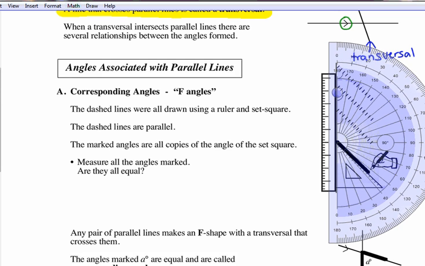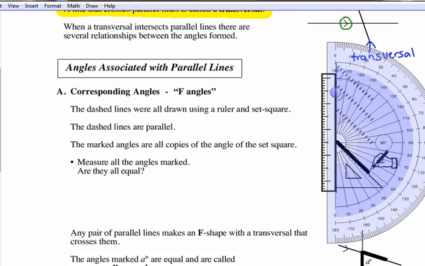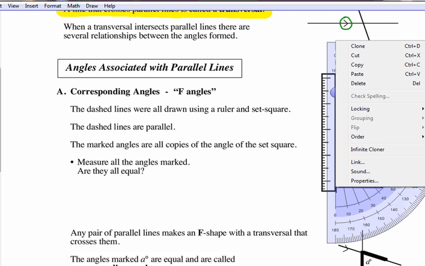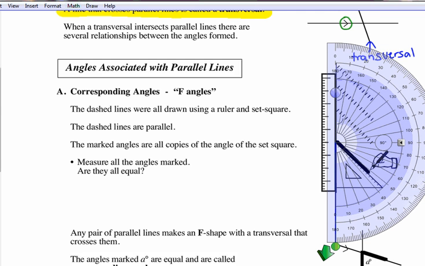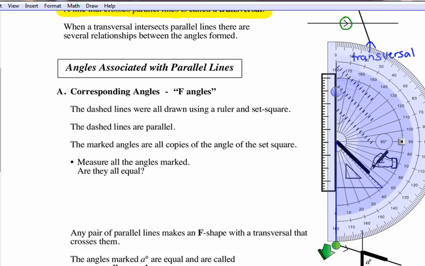Now make sure this is lined up with the center. Okay, so as long as we're lined up properly here, it should be about 45 degrees. I think yours will be more accurate than my giant version. So we have a 45-degree angle.